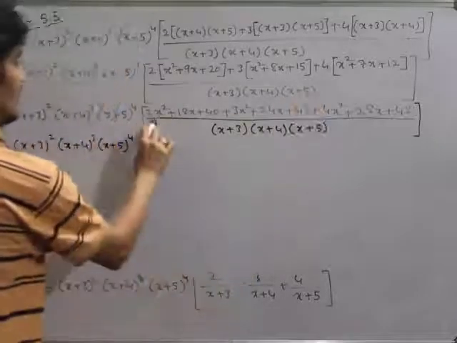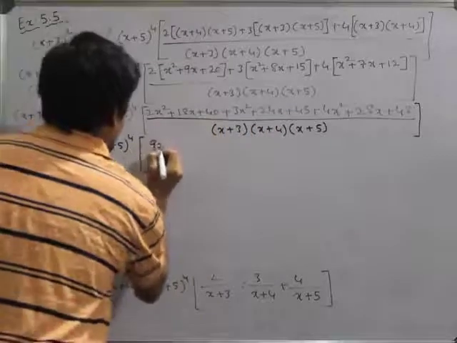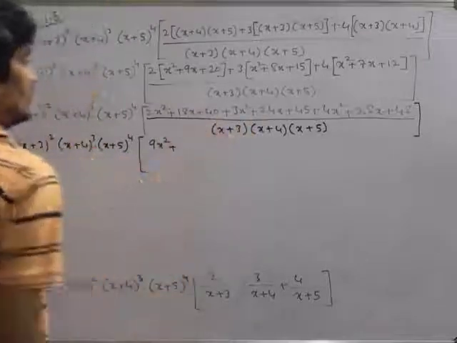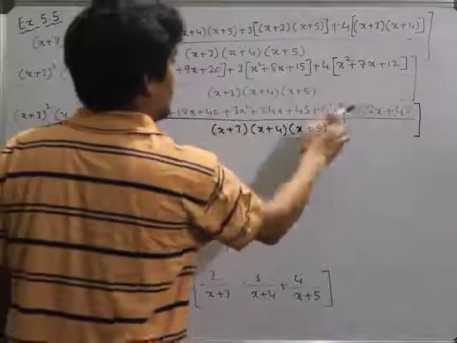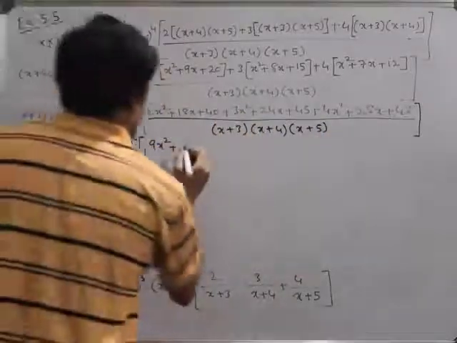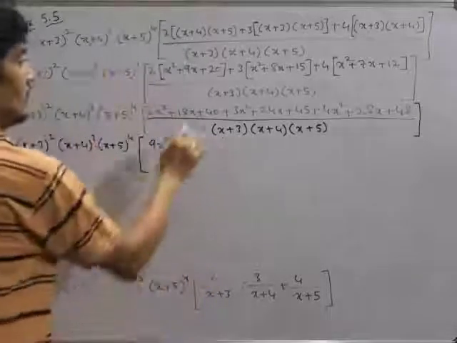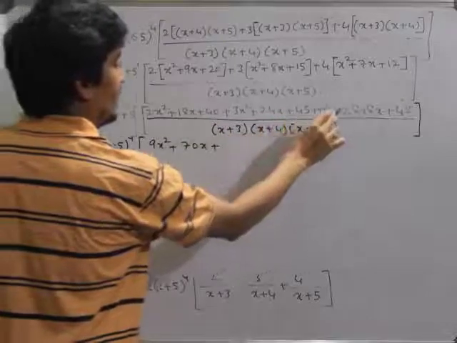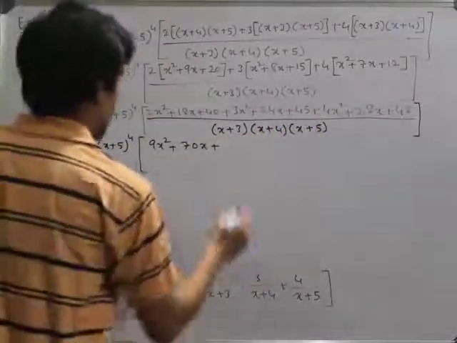You have to simplify. 2x^2 plus 3x^2 is 5x^2, plus 4x^2 is 9x^2. Then 18x plus 24x is 42x, 42x plus 28x is 70x. Plus, count the constants: 40 plus 45 is 85, 85 plus 48 is 133.